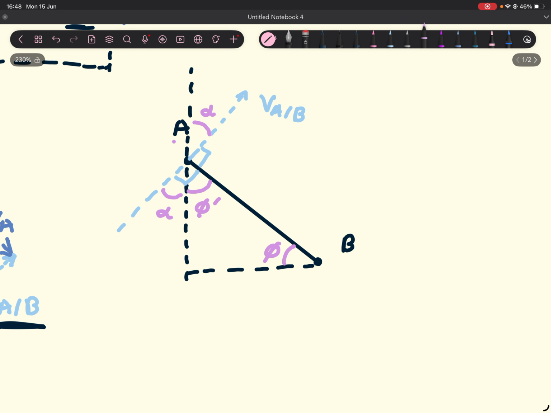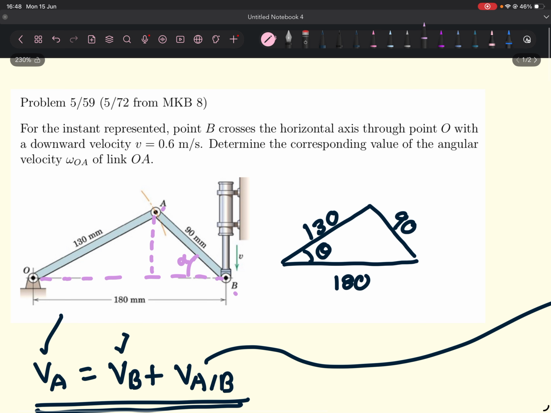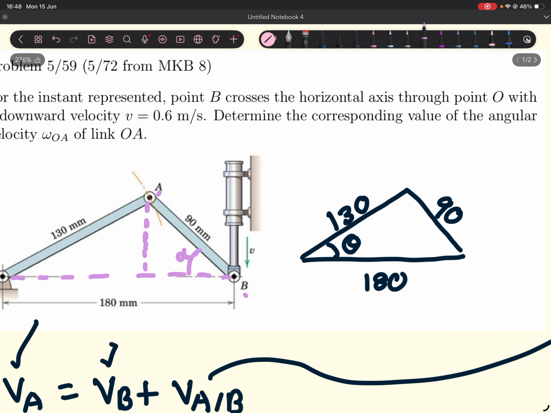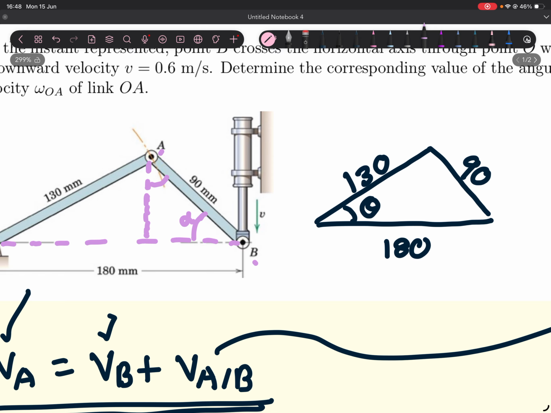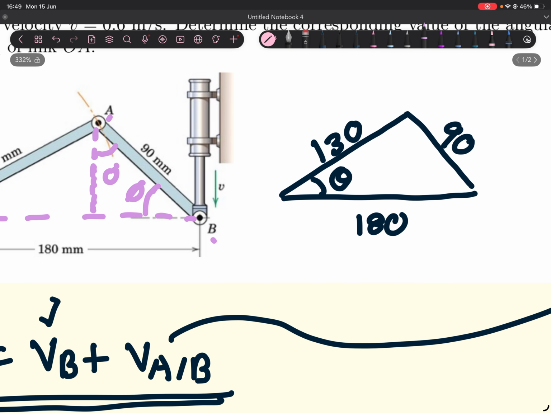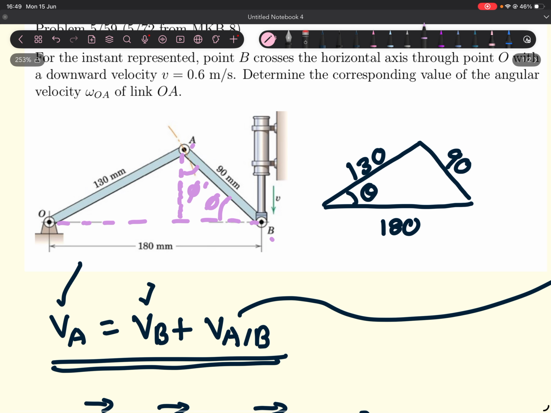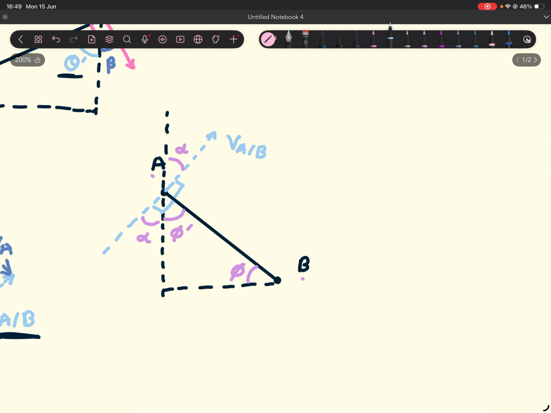So you have point A, point B, and then we've made a vertical line. Sorry, this is phi, and this would be phi prime. Cool. So if we can solve for phi prime, then 90 minus phi prime is equal to alpha, right?